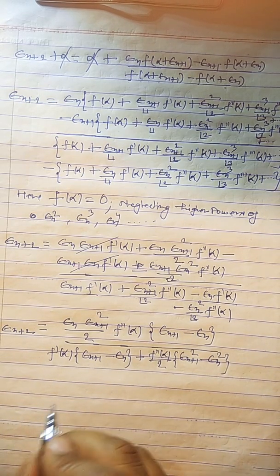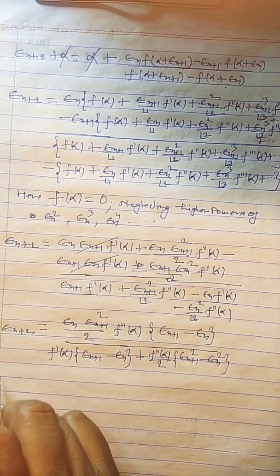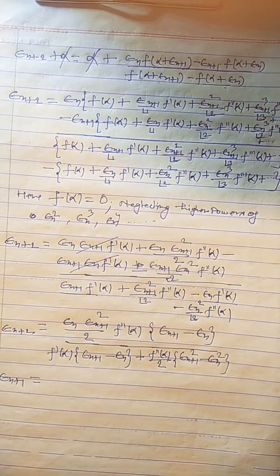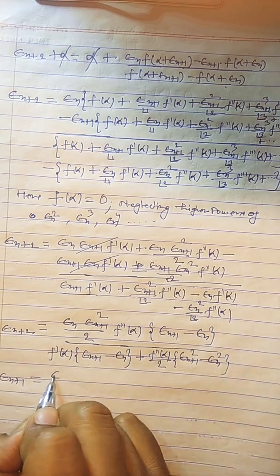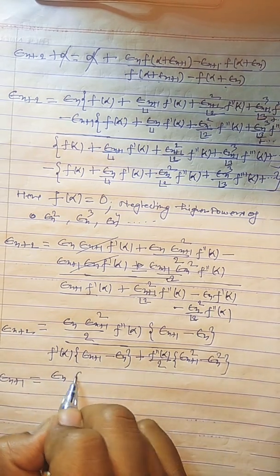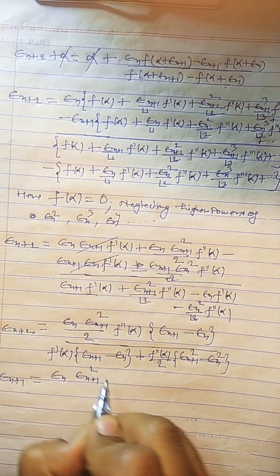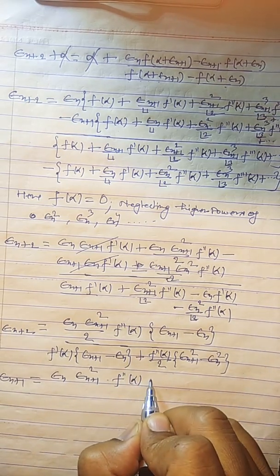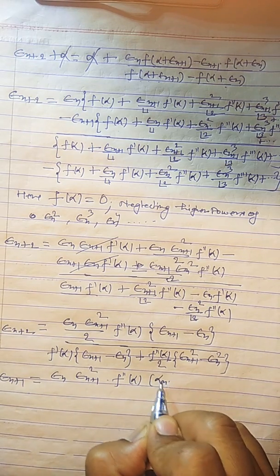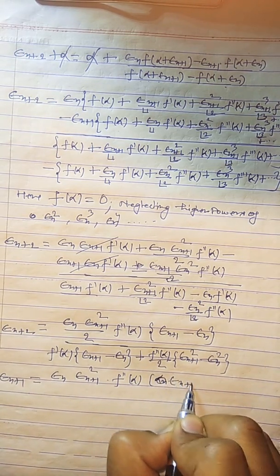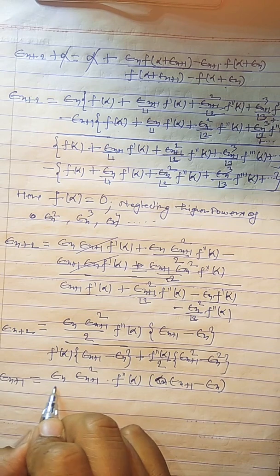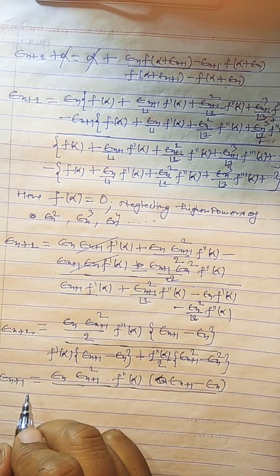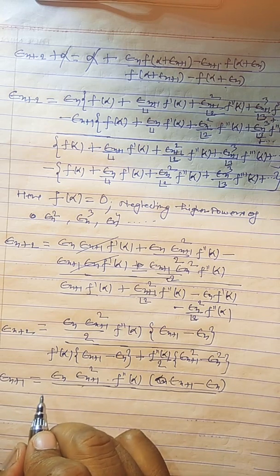Okay, now we simplify it. What we get here, we have epsilon n plus 1 whole square f double dash alpha, and here we have epsilon n plus 1 minus epsilon n, this upon what we have here.